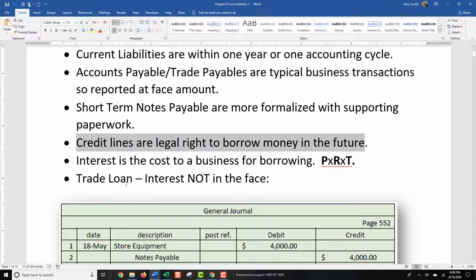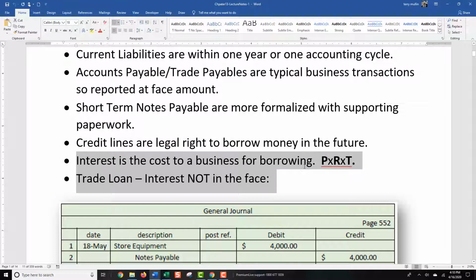And the way that you're going to calculate interest when you do borrow the money is what you learned in high school, is principal times rate times time. And everything needs to be done on an annual basis. Interest rates are calculated on an annual basis. So if they say it's a 12% interest rate, that's an annual rate. So then your time also needs to be on an annual basis.